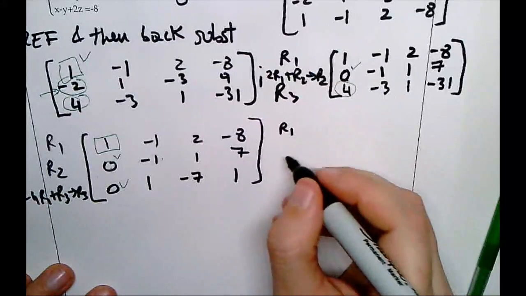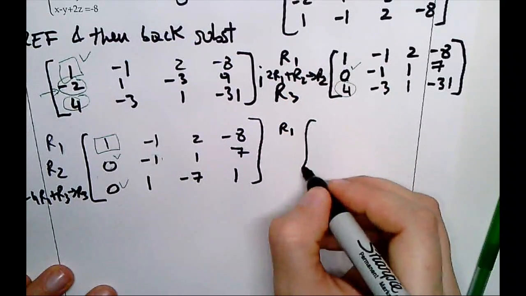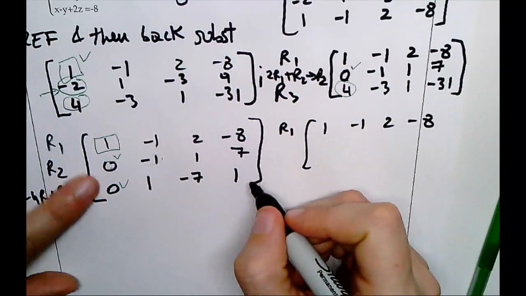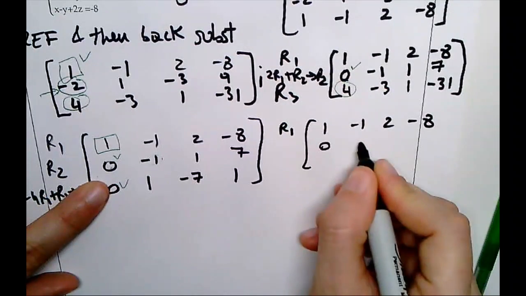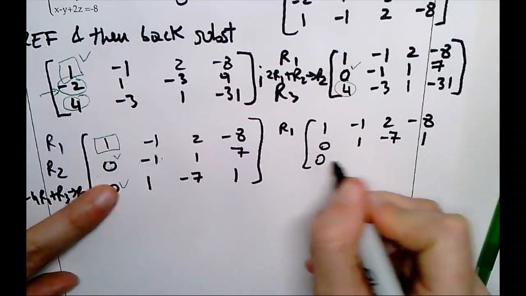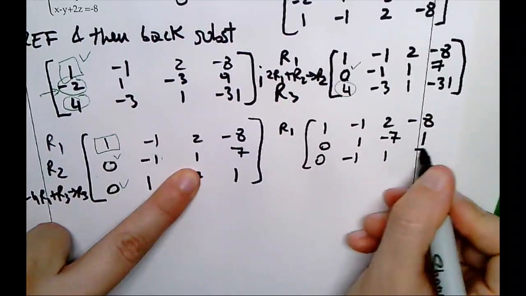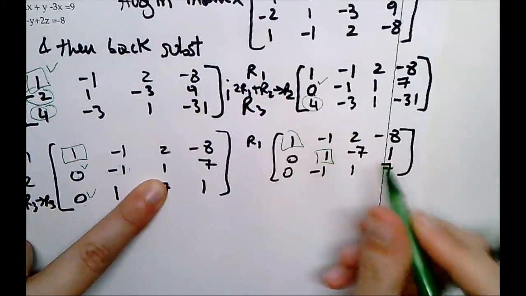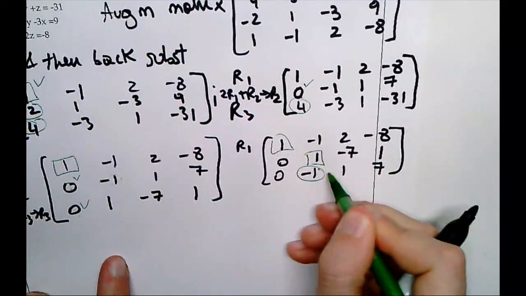Row 1 stays the same: 1, -1, 2, -8. Let me just swap these two: 0, 1, -7, 1, and then 0, -1, 1, 7. So my leading entry is a 1, and all I need is for this to be a 0.